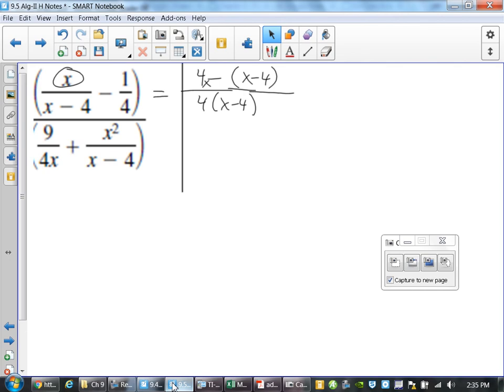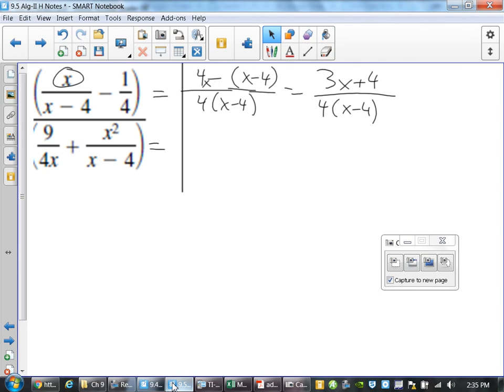So now you have to simplify that numerator. Simplify out that numerator, you wind up with 3x plus 4. Distribute the negative, so you get 4x minus x plus 4. Now at this point, I'm leaving it alone. I don't multiply out that denominator, it's not worth it.